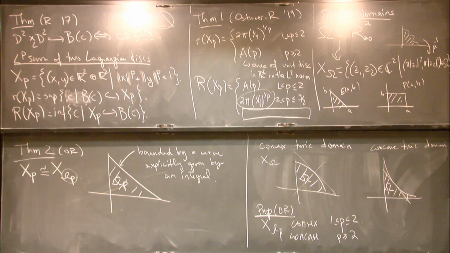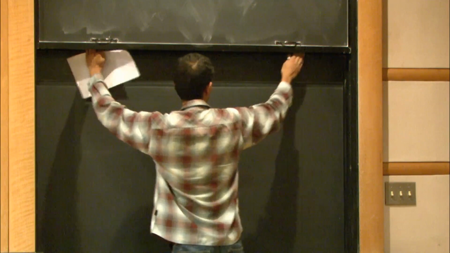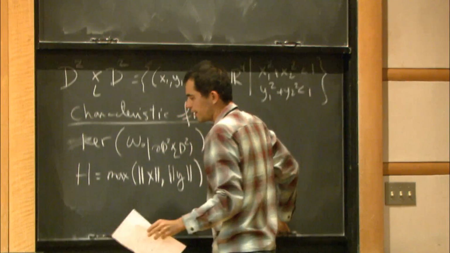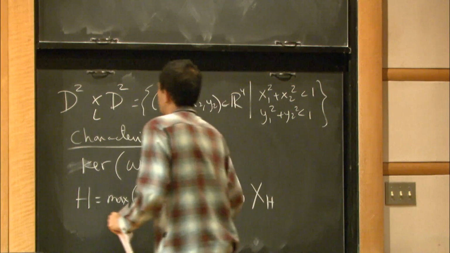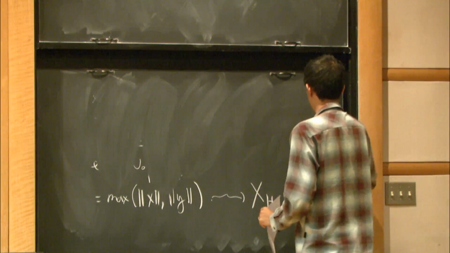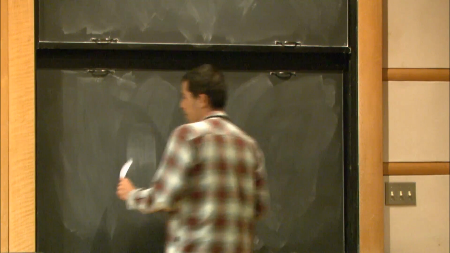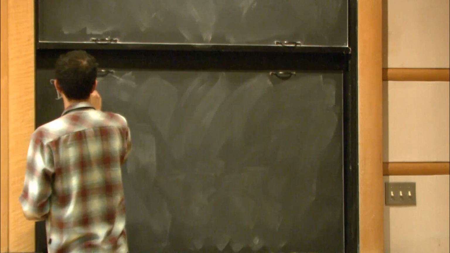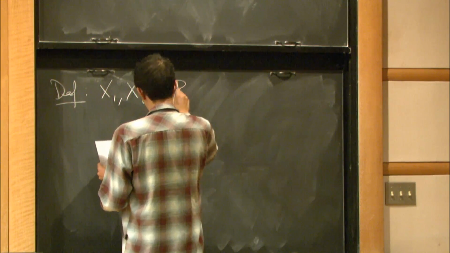But I want to just give you the last part of our theorem, which is to understand what kind of rigidity we have in all of these cases. So I'm going to make a definition of the different kinds of rigidity that we could have. Definition: say that you have two subdomains of R^2.